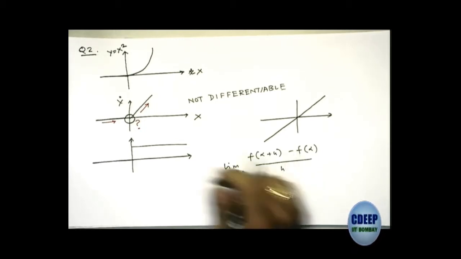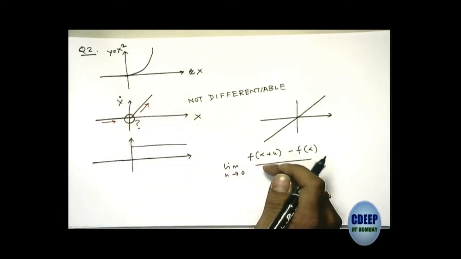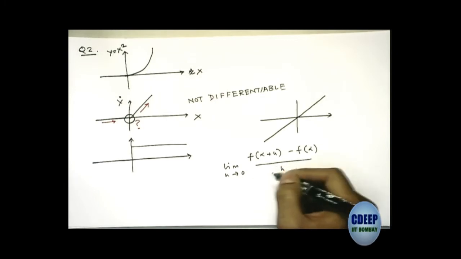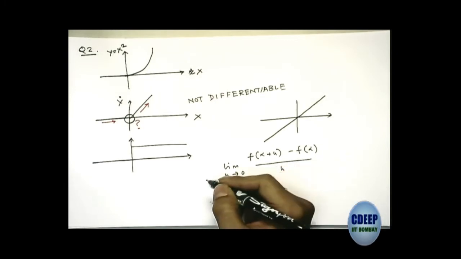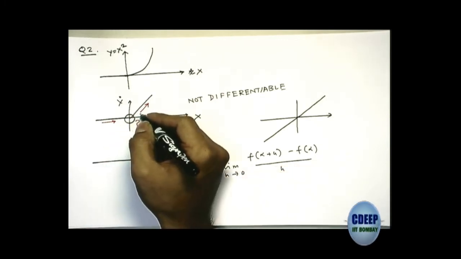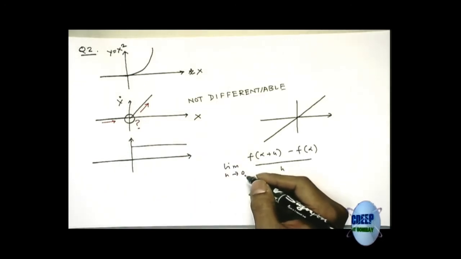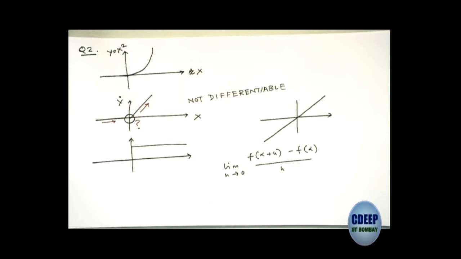Now, in this case, if you take alpha to be equal to 0, and then if you take the limit h tending to 0 plus, you get plus 2 as your answer. On the other hand, if you take limit h tending to 0 minus, you get 0 for your answer. So the two limits don't match. That is why at this point this function is not differentiable.